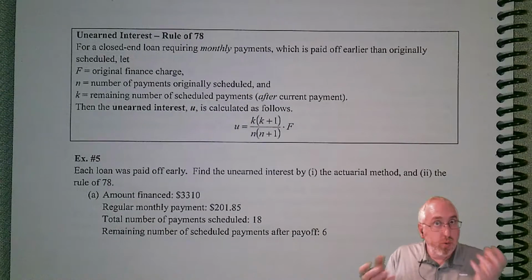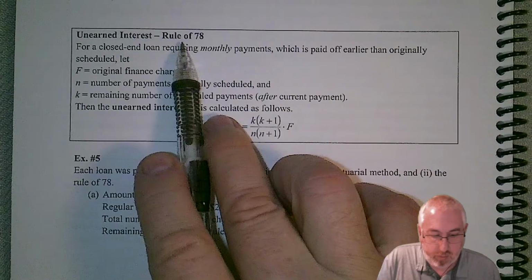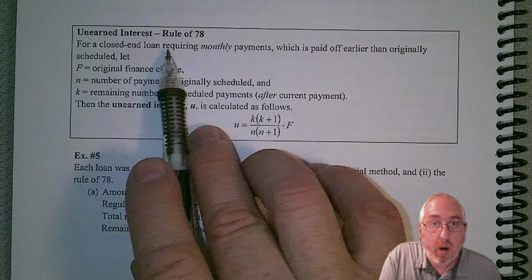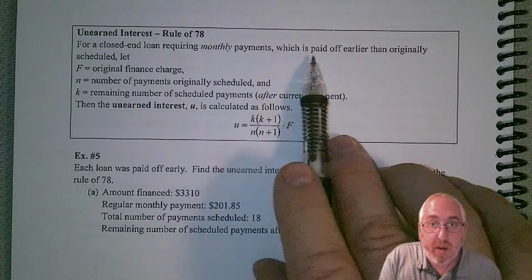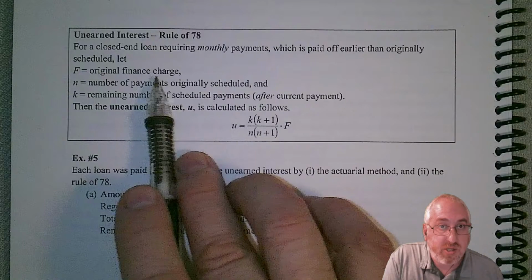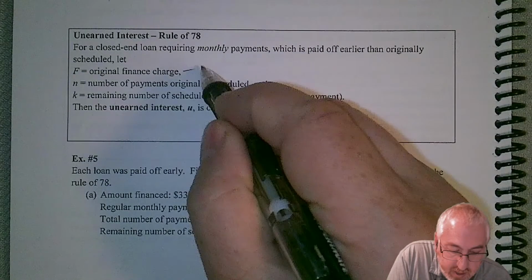Again, there's two methods to finding unearned interest, and we're only going to focus on the Rule of 78. For a closed-end loan requiring monthly payments, which is paid off earlier than originally scheduled, let F equal the original finance charge, so same as before, this is the interest.